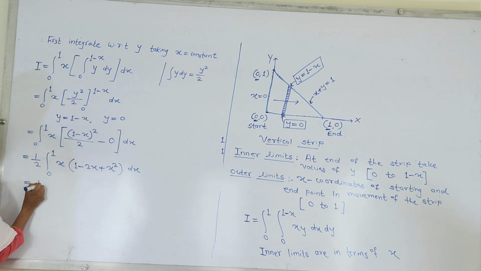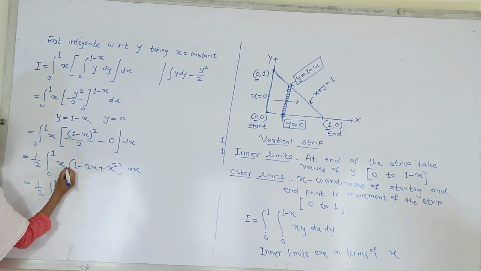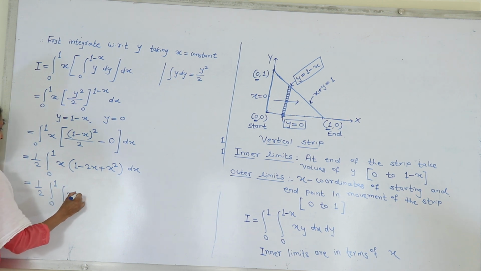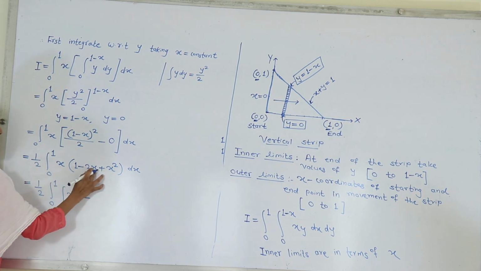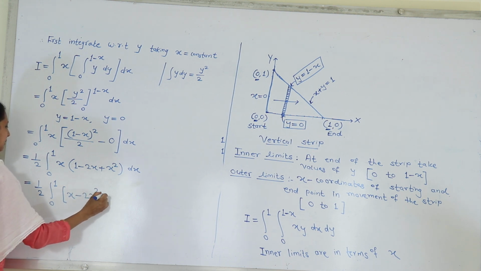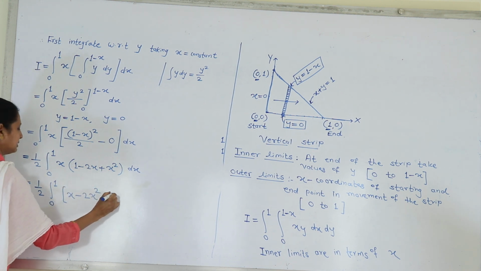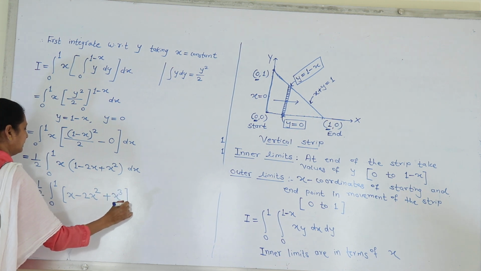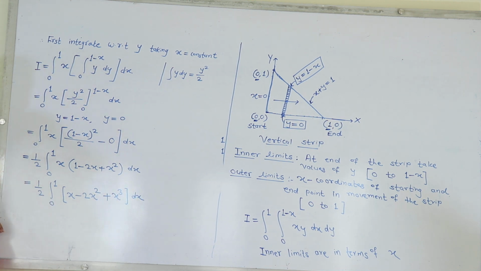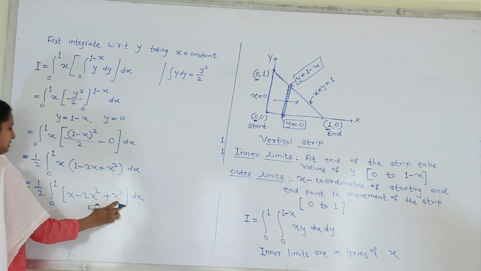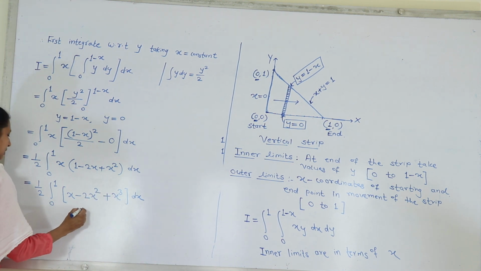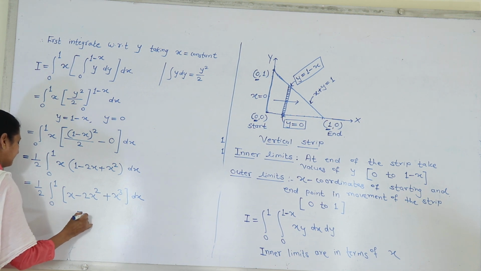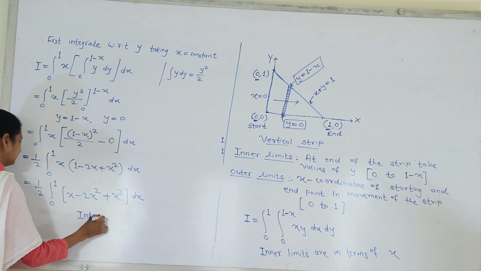Then 1/2 integration. x multiplied by 1 is x, minus 2x into x is 2x square, plus x into x square is x cube, dx. Then when the terms are separate and only in terms of x, integrate with respect to x.